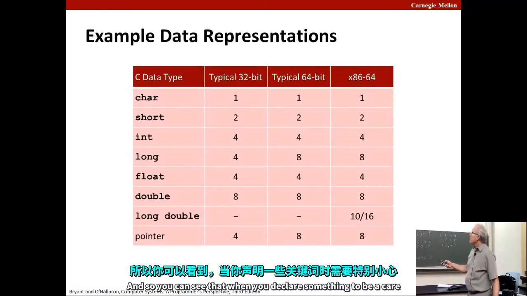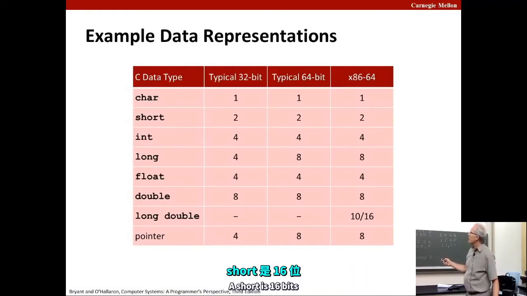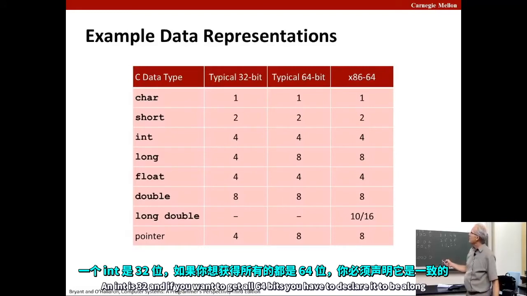And so you can see that when you declare something to be a char, that's a 1-byte value. A short is 16 bits. An int is 32. And if you want to get all 64 bits, you have to declare it to be a long.